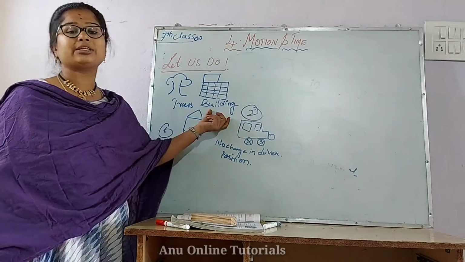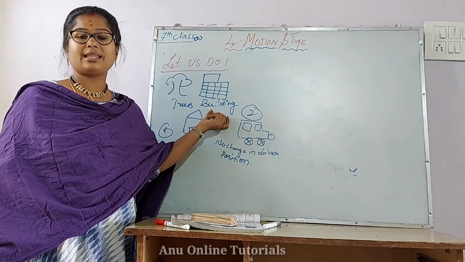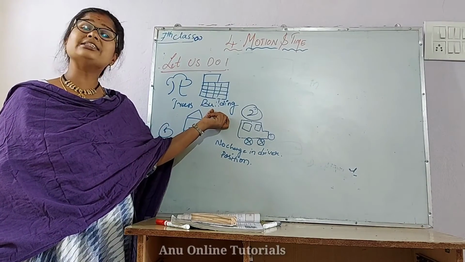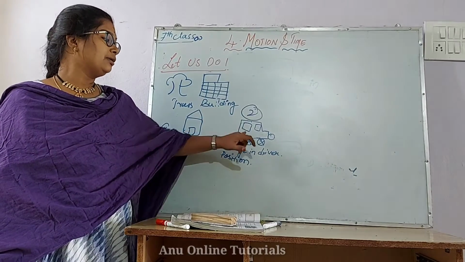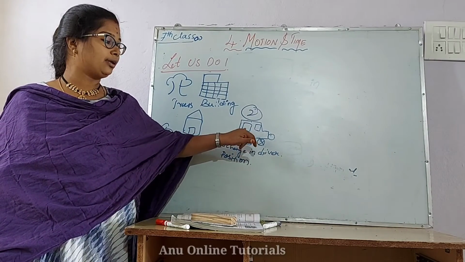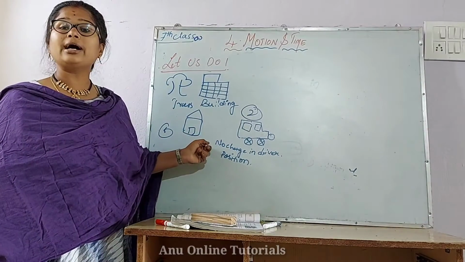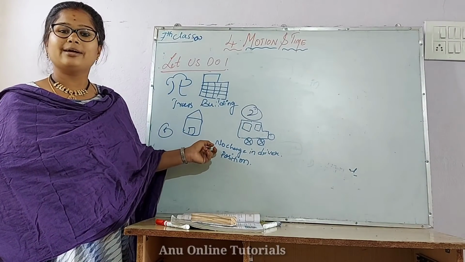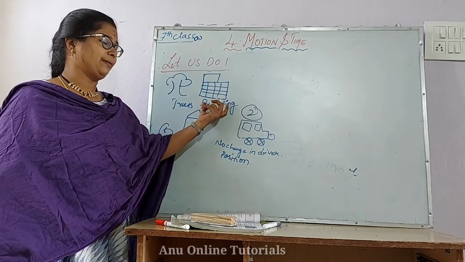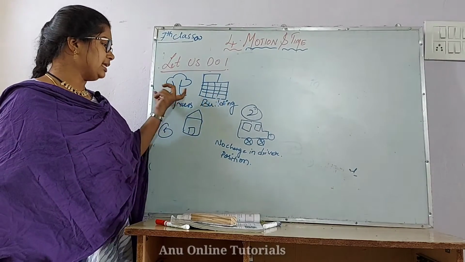My building is at rest. But with another set of surroundings like a car, wheels of the car, or you in the car, the buildings are all moving. Got it? The same building, with respect to these, is at rest.